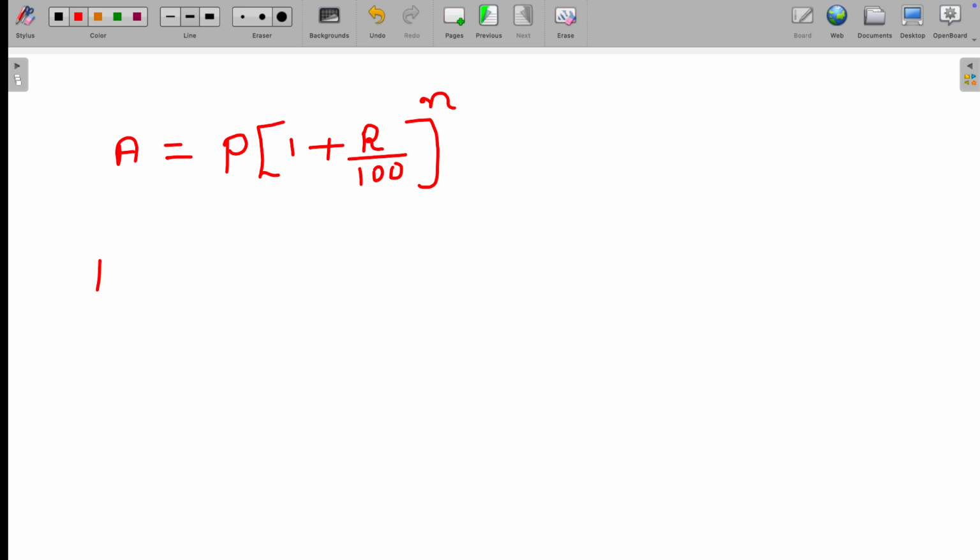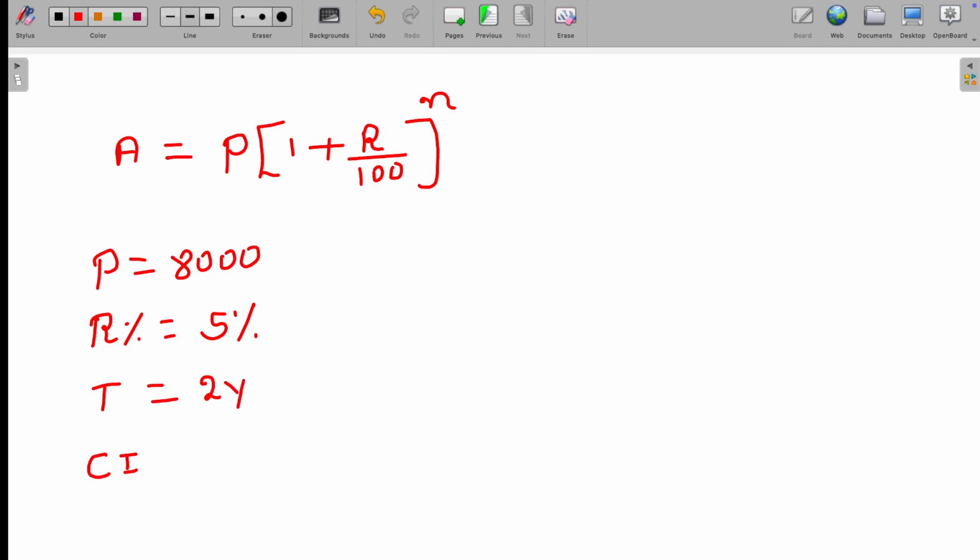For example, if the principal is 8000, the rate of interest is 5%, and the time is 2 years, can you find the compound interest? First find the amount by substituting in that formula. Tell me how much the amount is after doing that.